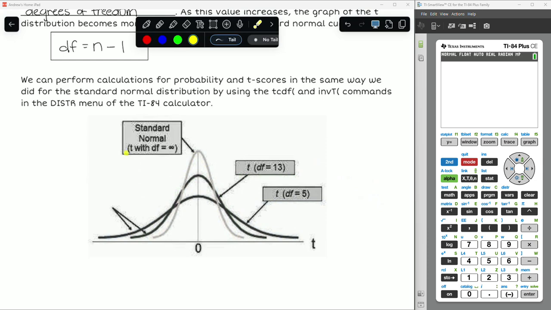You will see a note down here that the standard normal curve and the t-distribution with infinite degrees of freedom are right on top of each other. So as our sample size increases without bound, the t-distribution approaches the standard normal distribution. So with large enough samples, we might as well use the normal distribution.